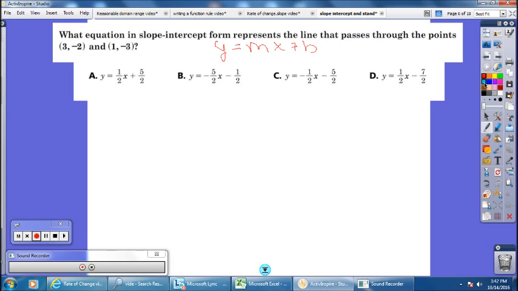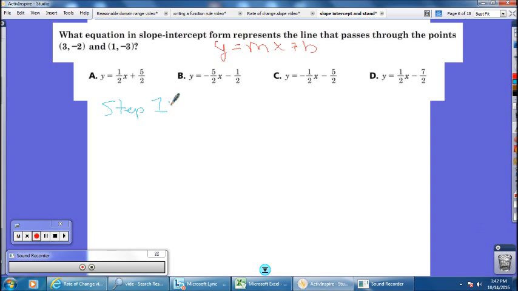So you know, step 1, find slope using y2 minus y1 over x2 minus x1.